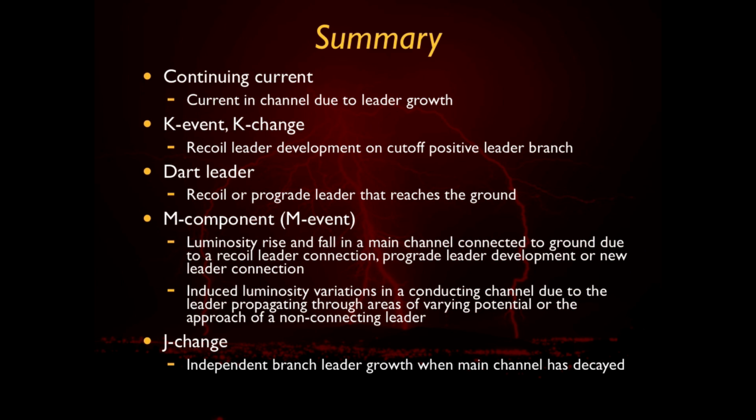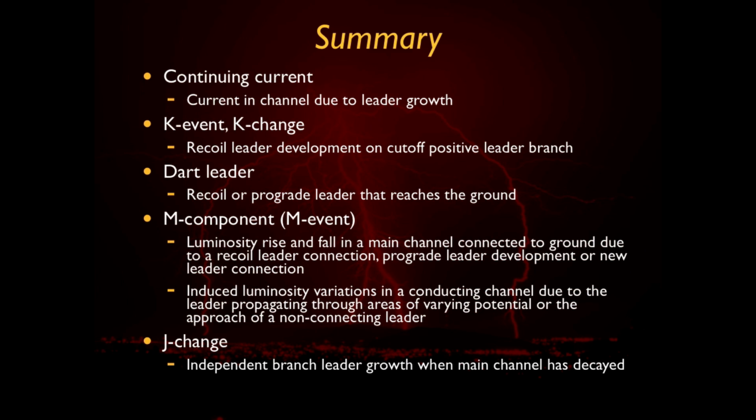We believe an M component, or some have defined it as an M event, is the luminosity rise and fall in the main channel connected to ground due to a recoil leader connection, or possibly a prograde leader development, or a brand new leader that forms nearby.